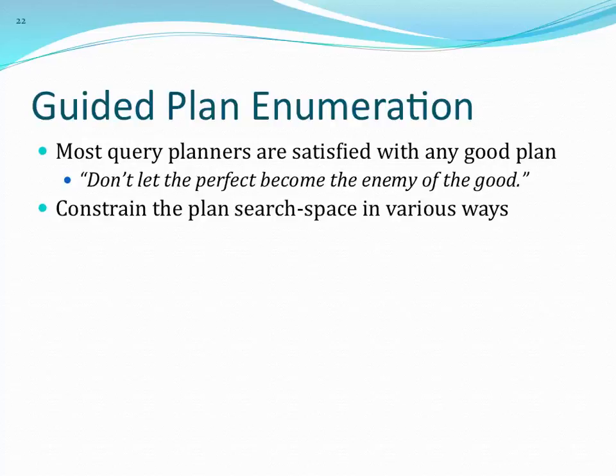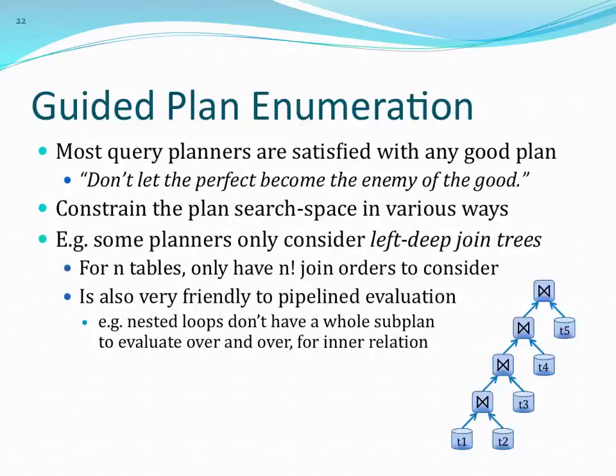So we try to constrain the search space in various ways. One very common way of constraining the plan search space is to only generate left deep join orders. So like I have here, you have n tables, and I will always have joins that go off to the left, with tables hanging off the right.